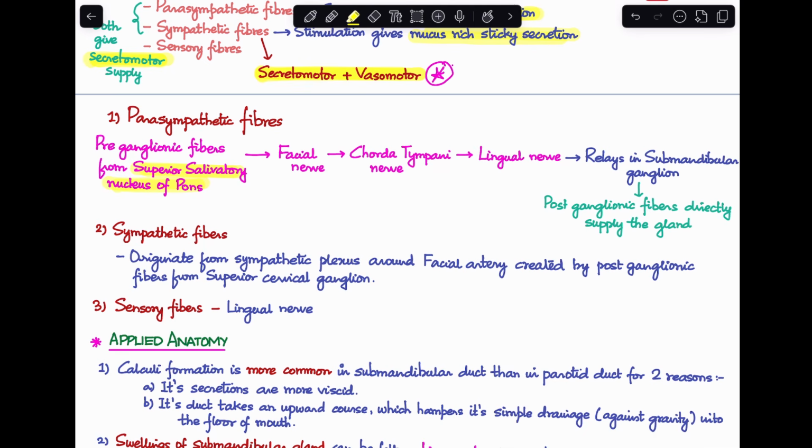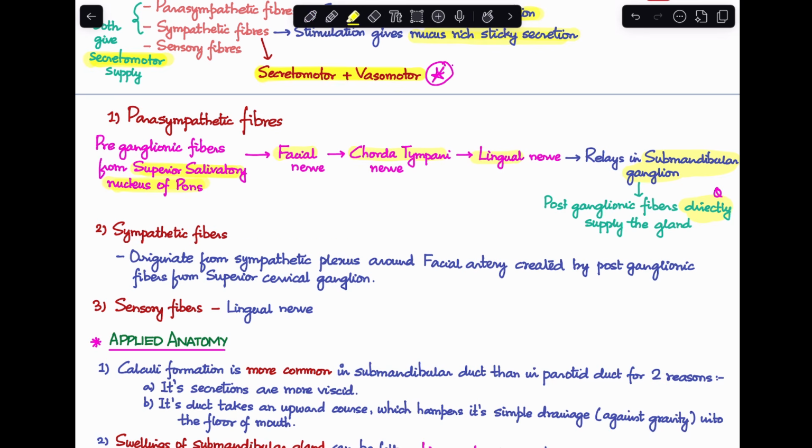Once the preganglionic fibers have originated here, they pass through the facial nerve, chorda tympani nerve, and the lingual nerve, and then relay in the submandibular ganglion. After relaying in the submandibular ganglion, the postganglionic fibers directly supply the gland. This is again an important point to remember: the postganglionic supply is direct and not via another nerve.